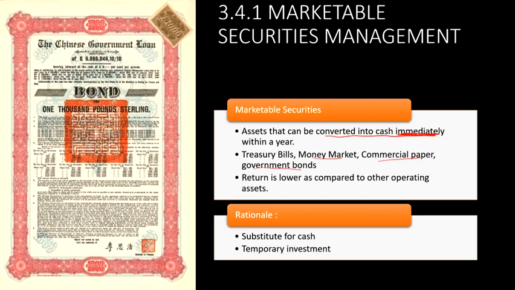So these are examples of bonds lah, bond certificate. Marketable securities have a low return, lower as compared to other operating assets. So kita ingat lah, low risk, low return.